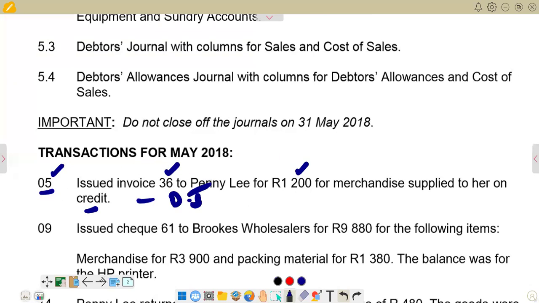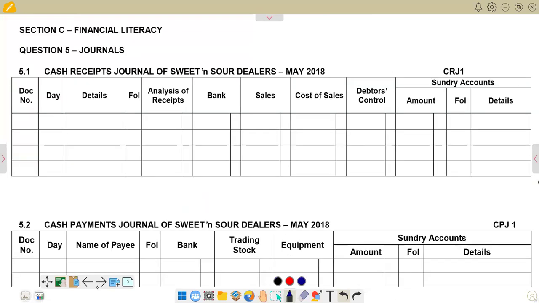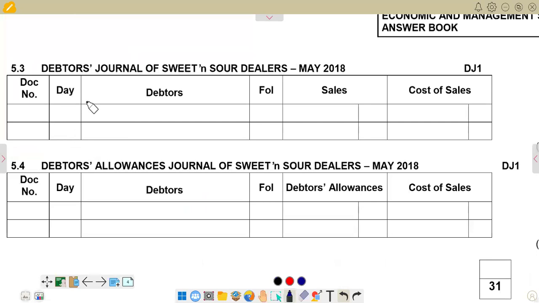The amount is 1,200. So we can just go back and enter as such. The date is 5, so we enter 05. And on document number, we've got invoice number 36, so we're going to have our 36 here.